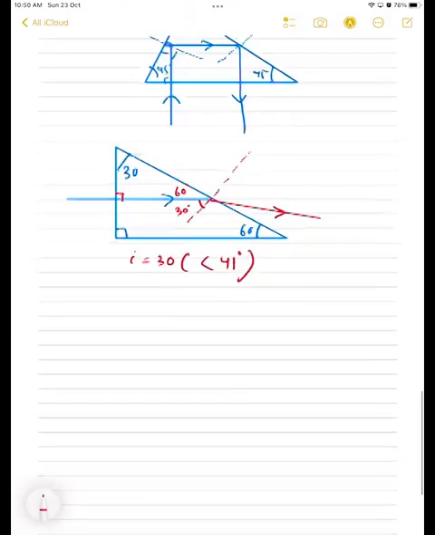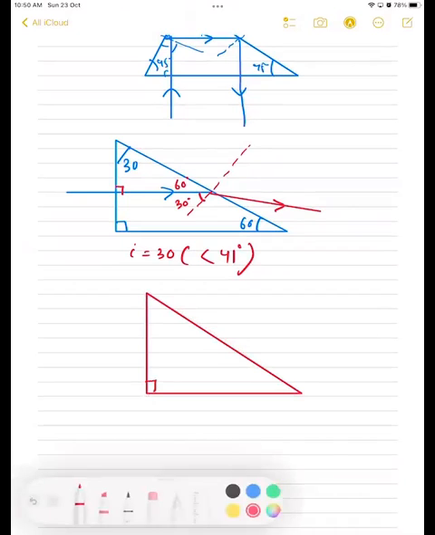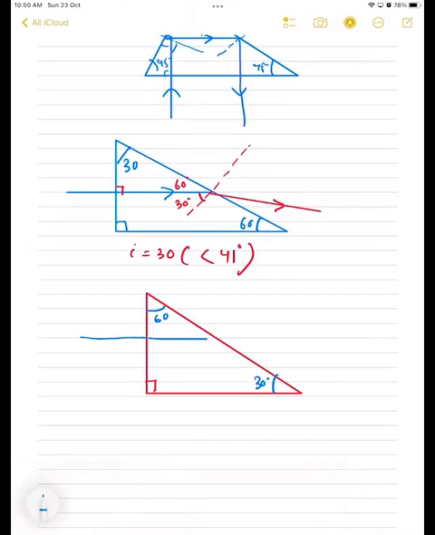अगर मैं वही प्रिज्म को थोड़ा ऐसे बनाता, let the prism be like this. This is 60 degree, this is 30 degree मैंने ले लिया, right? If this is like this, so यहाँ से अगर हमने एक normal बनाए, so what will happen here? If this is 60, this is going to be 30, this is going to be 60.